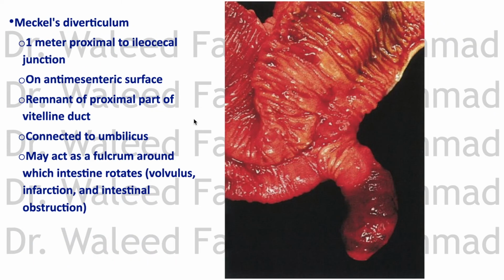Now, there is a congenital anomaly involving the terminal ileum, about 1 meter from the ileocecal junction. There may persist a remnant of the vitelline duct. This duct was used as a fulcrum around which the intestine rotated in fetal life and then went back to the abdomen again.